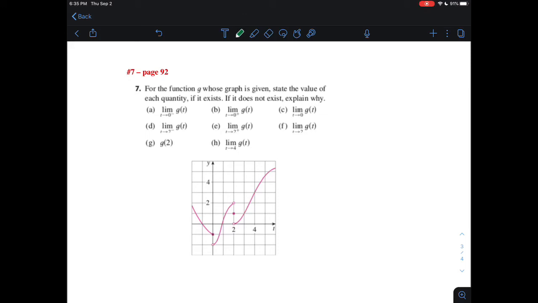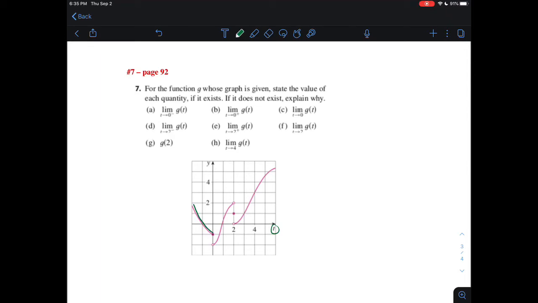So we'll start with part A, the limit of our function g of t as t approaches 0 from the left. If we look at the horizontal axis for t, and we find out where t is equal to 0, if we're approaching from the left, that's what we're considering in part A, what we would actually be doing is following the graph as the input is approaching 0.